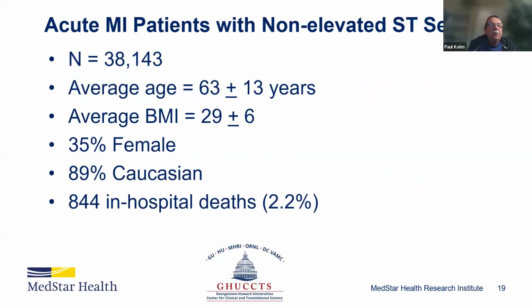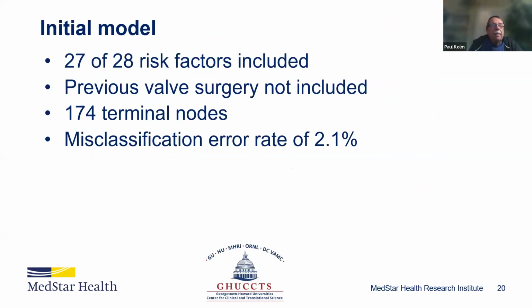Okay, I'll go fairly fast through the other groups here. So we have acute MI with non-elevated ST segment, and in this case the in-hospital death rate is 2.2%. One of the risk factors that wouldn't have been included in this one is previous valve surgery.